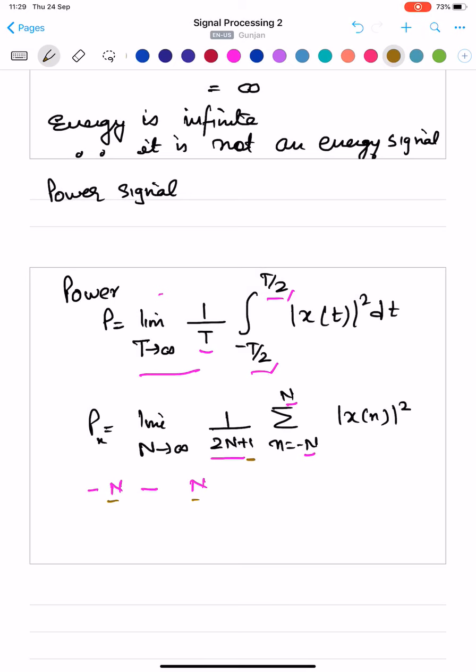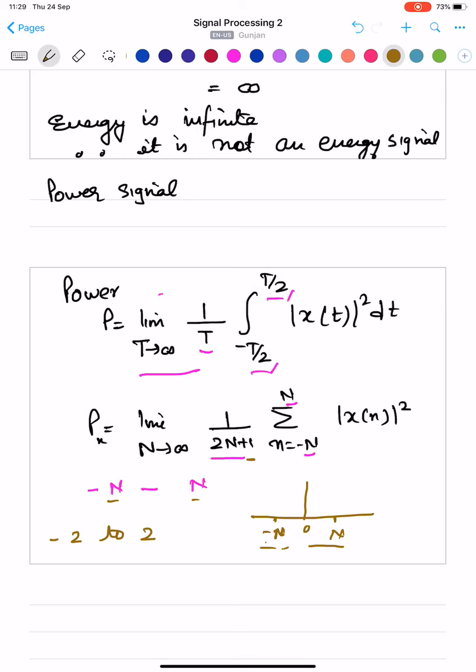But you have to consider that from minus N to N, if I plot it like this, this is my minus N, let's say this is N, and there is a 0 also. So N points on the negative side and N points on the positive side. So the total number of points is 2N plus 1. If you don't understand, I'm taking another example. Just count how many points you have from minus 2 to 2.